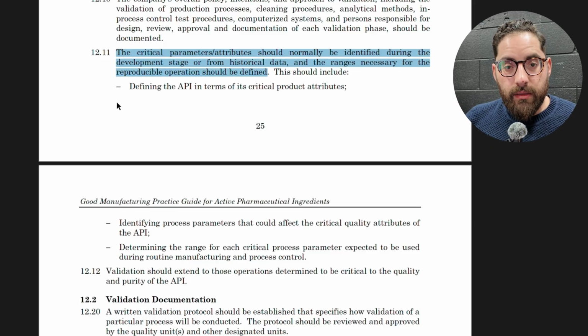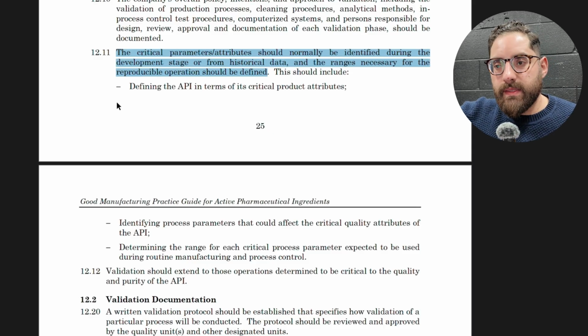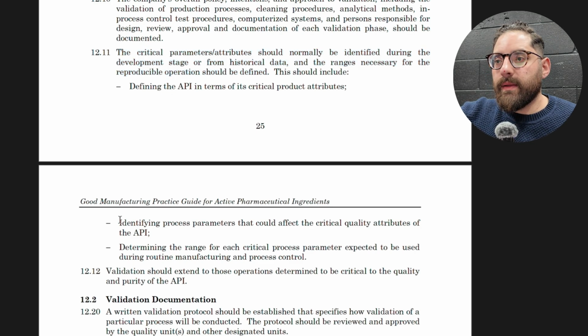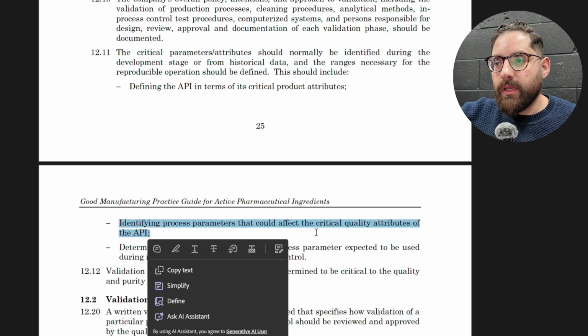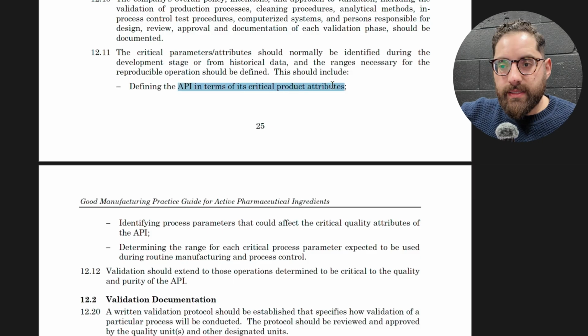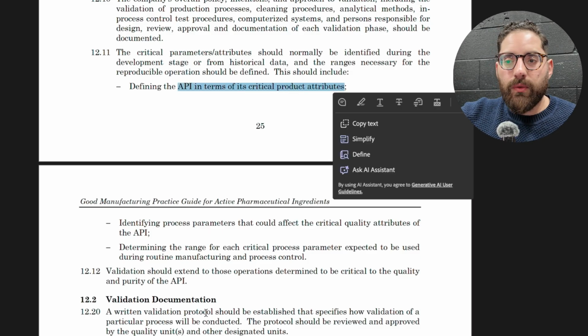This is focused on manufacturing of API. There should be ICH Q11, which we'll get to in a few weeks, where the development piece is focused on identifying process parameters, CQAs, defining API in terms of the critical product attributes as captured in ICH Q11.